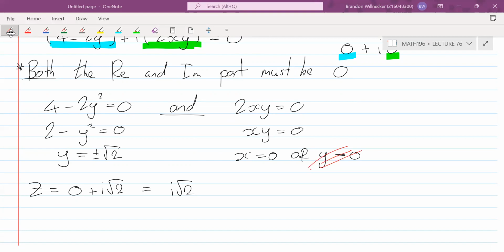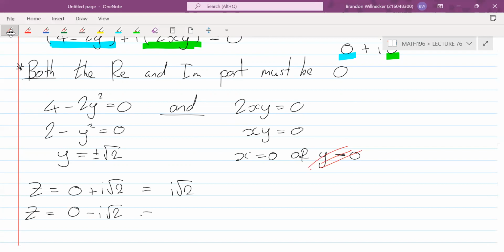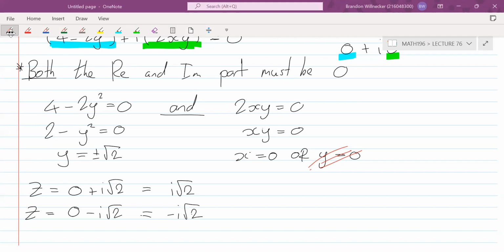So that's the first solution. And then the second solution is if we take minus root 2. So z is equal to, again, 0 minus I root 2. So you can leave it like that if you want to show both parts, or we could just write minus I root 2. So these are the two possible complex solutions to that equation.